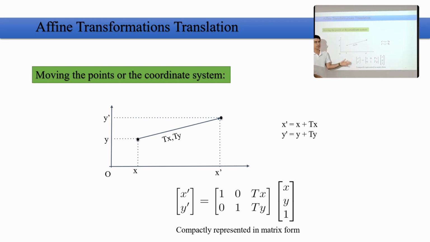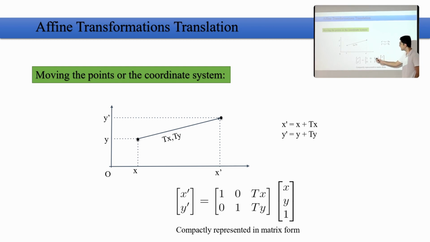But how can we show it in matrix form? You can show x prime, y prime in matrix form, where we multiply the matrix of tx and ty, the amount of translation that we want, by the initial matrix. Like you have the point x, y over there, and if you multiply by these, you finally have this term after multiplication.